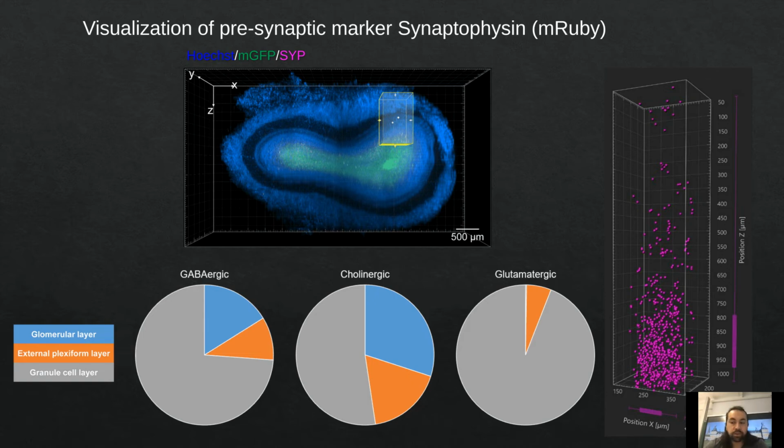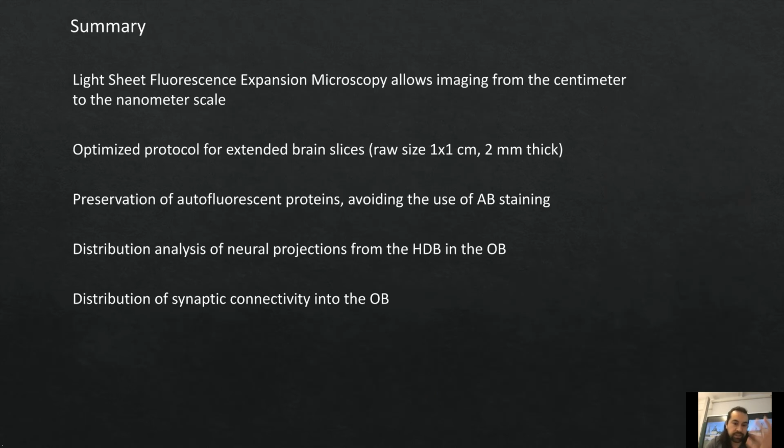So finally, we can say that the distribution of different types of neuronal fibers from the HTV to the OB suggests a differential and neurotype-specific recruitment of the network inhibition within the framework of olfactory habituation.